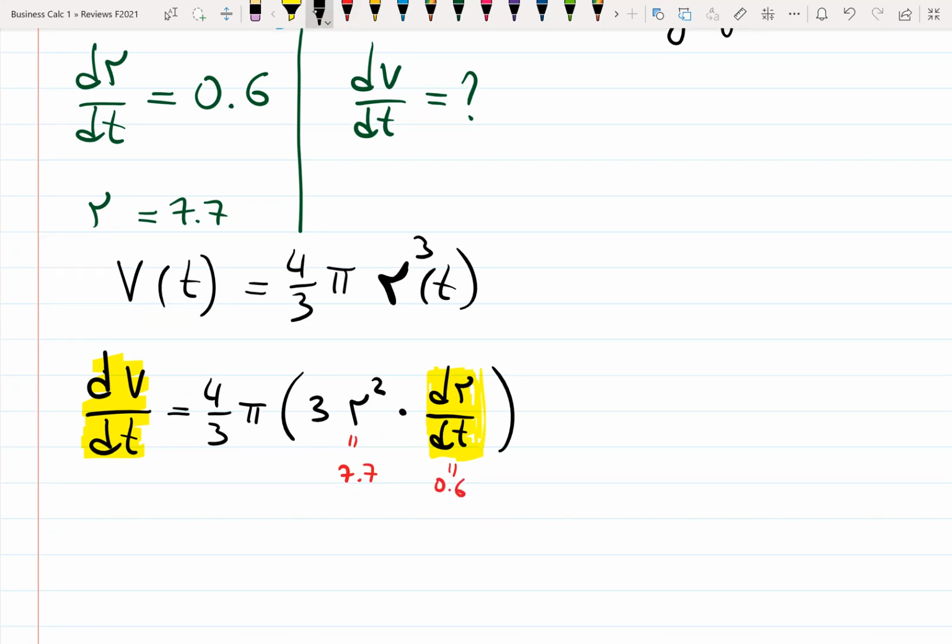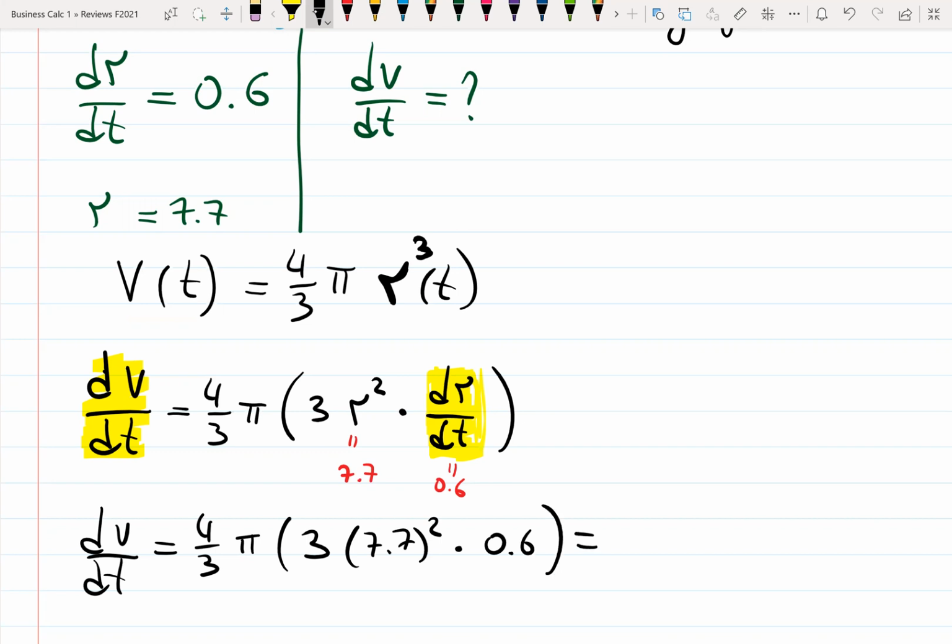Your r should not be plugged in too early. You plug it in only after you differentiate. dV over dt is 4/3 pi times 3 times 7.7 squared times 0.6 equals, and I have the answer, 447.